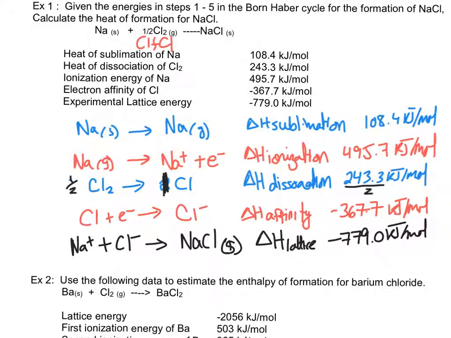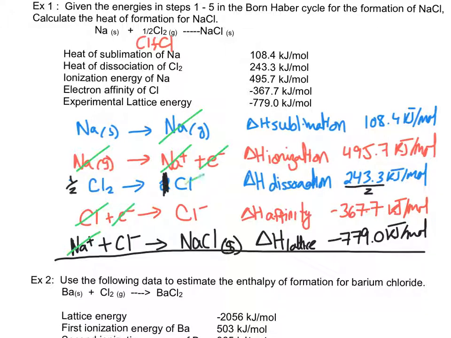So just like we're used to with Hess's law, let's try to add these reactions together. So let's see if we can find anything on both sides that we can cancel. So sodium gas is here and sodium gas is here. I can cross those out. Na plus and Na plus, electron, electron, Cl and Cl, Cl minus and Cl minus. So what do we have left? We have Na solid plus half Cl2 yields NaCl solid.